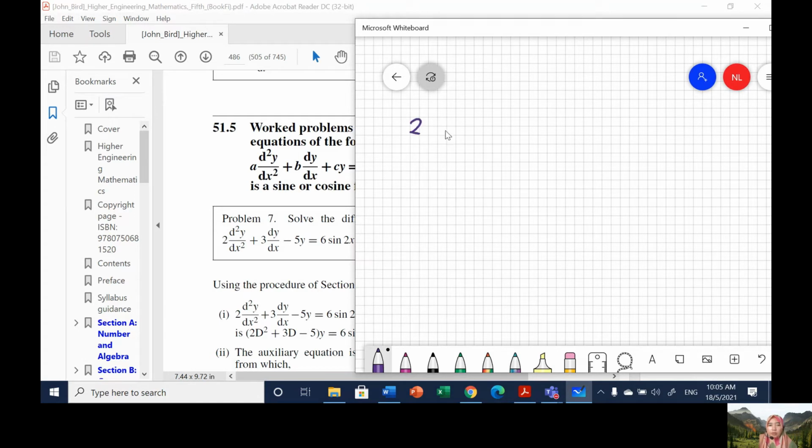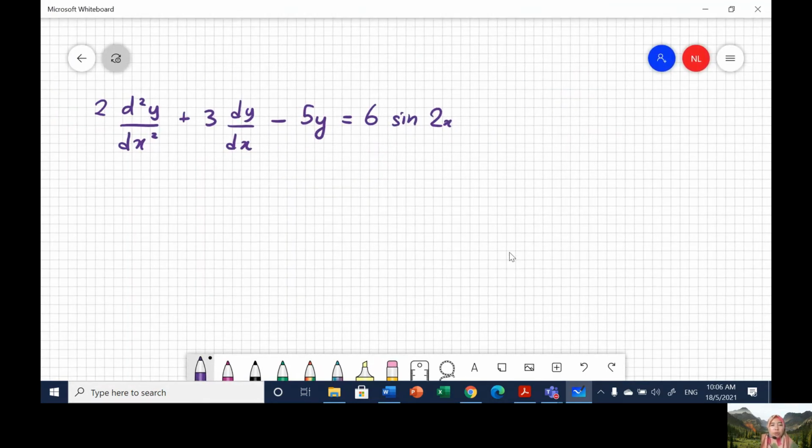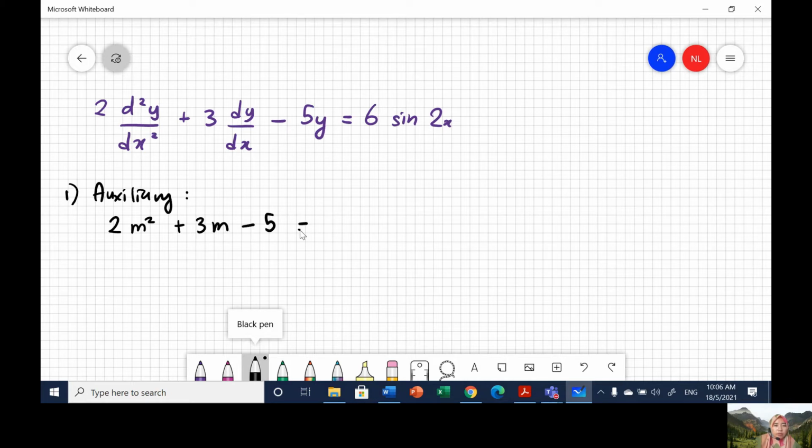We have the equation 2d squared y dx squared plus 3 dy dx minus 5y equal to 6 sine 2x. We are going to start with the auxiliary equation. On the left hand side, we write 2m squared plus 3m minus 5 equal to 0.